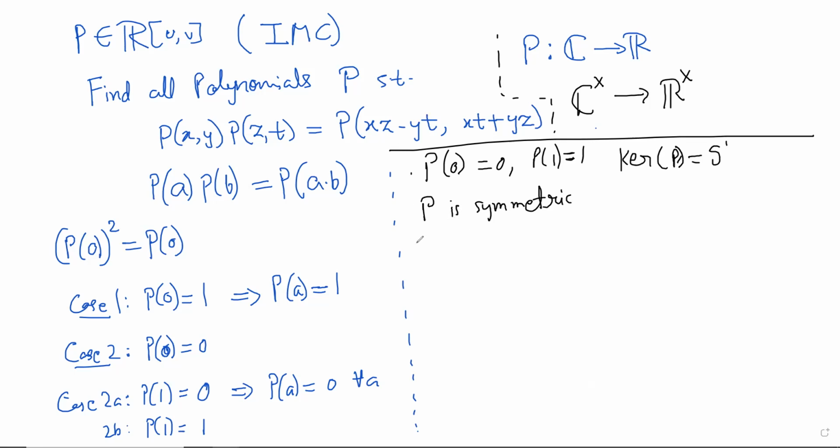You're in two variables. Okay. So P, how should I write it?